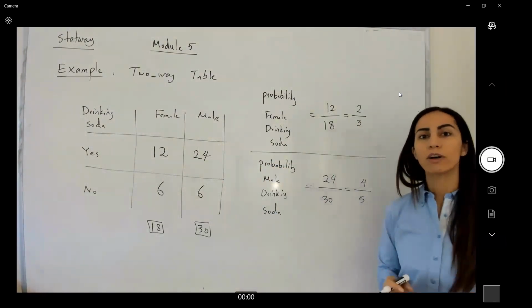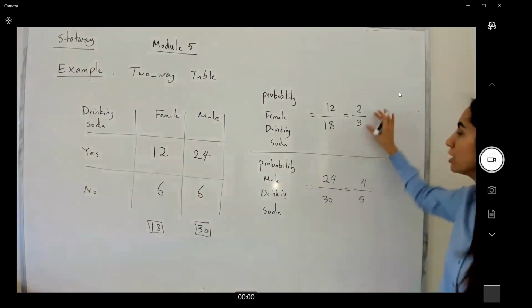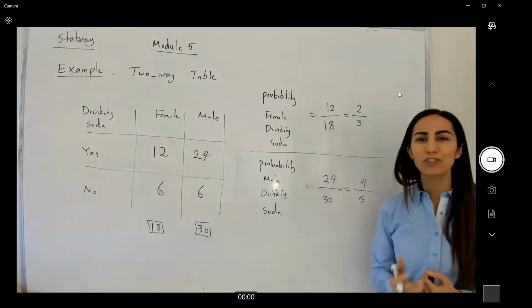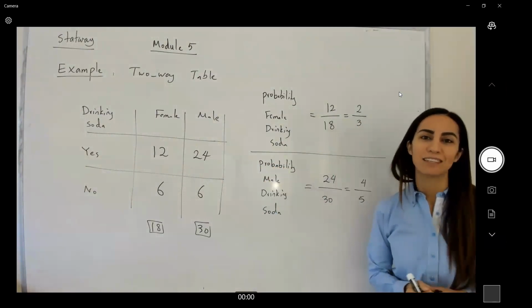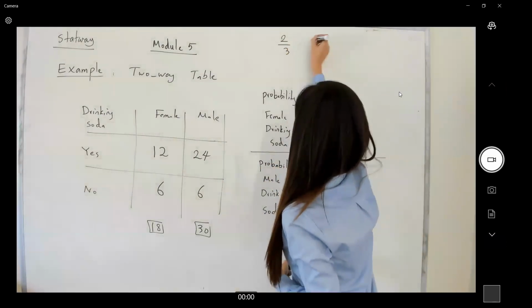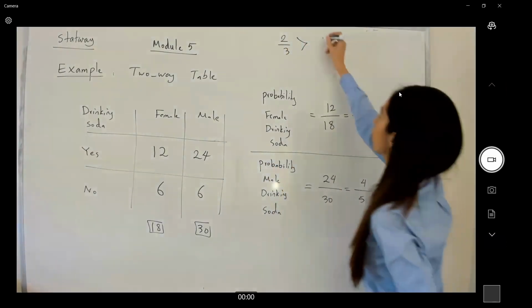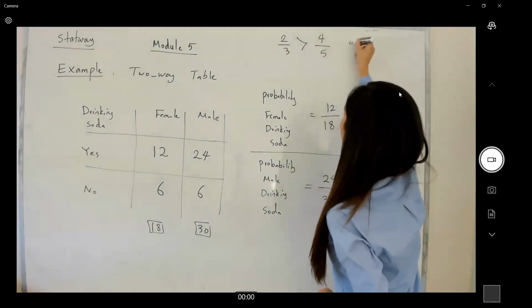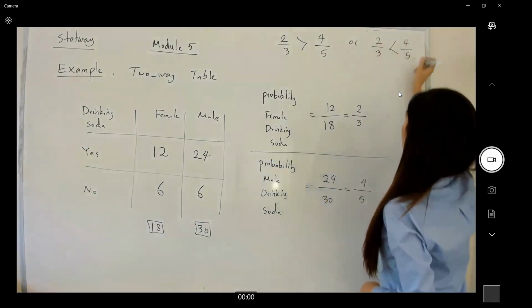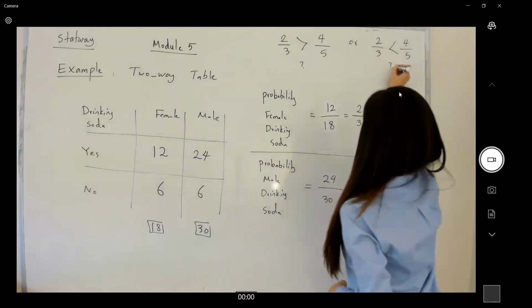So my question for you is, which one is more likely? Which fraction is greater than the other one? Is 2/3 greater than 4/5? Or is 2/3 less than 4/5? Which one of them is correct?